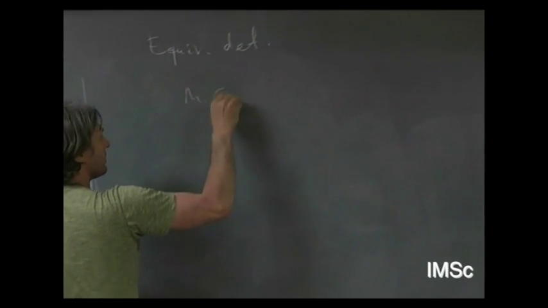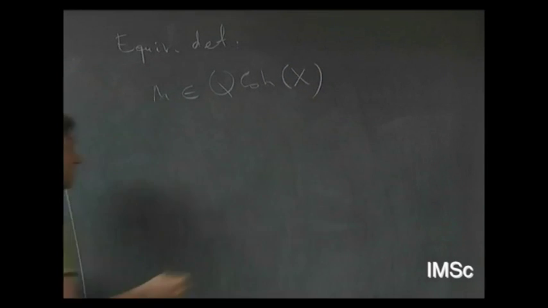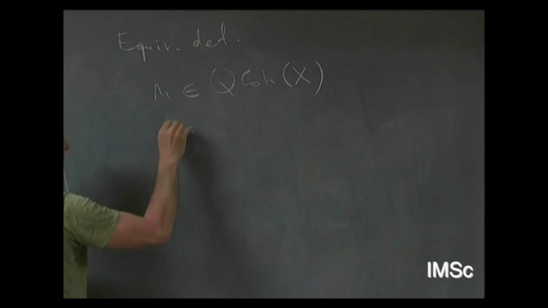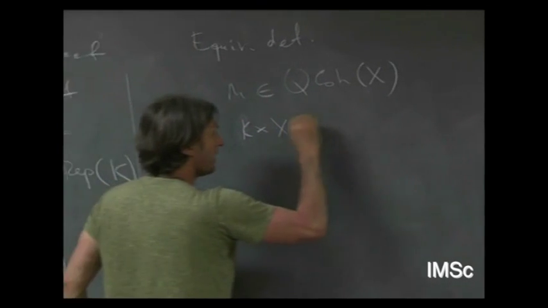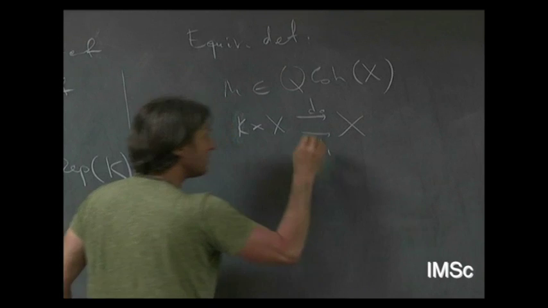M is, in the usual sense, a quasi-coherent sheaf on X. Now, equivariant structure is the following. We have two maps from K times X to X. They are usually denoted by d0 and d1.